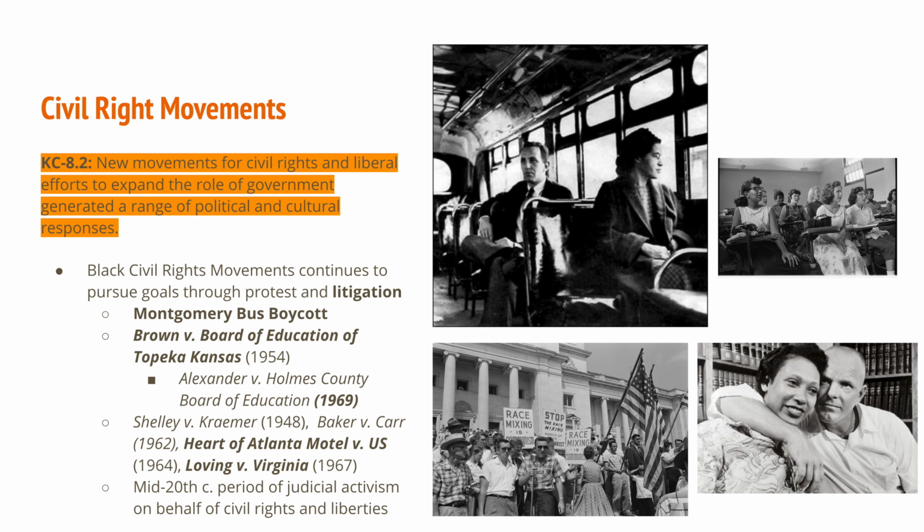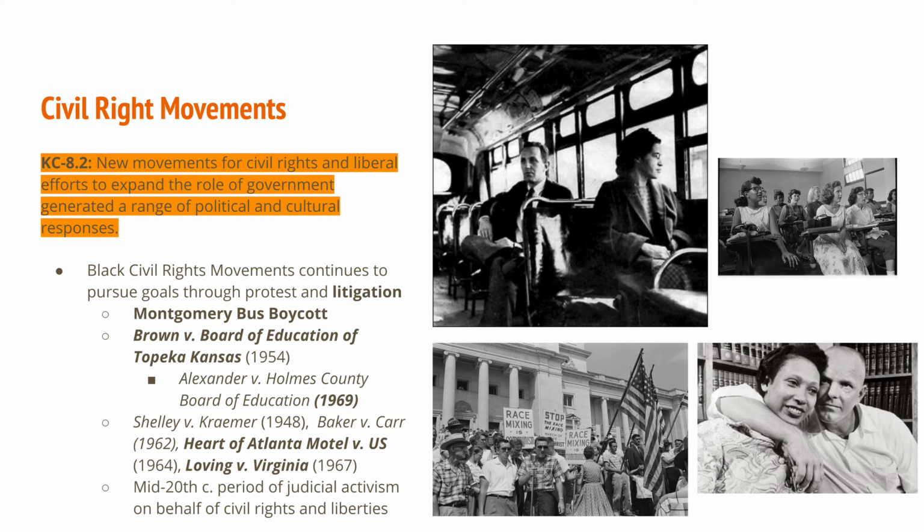And eventually it works. It took several months of a boycott, and finally the city gave in and they said, okay, people can ride whatever bus they want at whatever seat that they want. And that was seen as a big success because it was a new way of getting civil rights victories without having to go through the courts and just using nonviolent resistance.